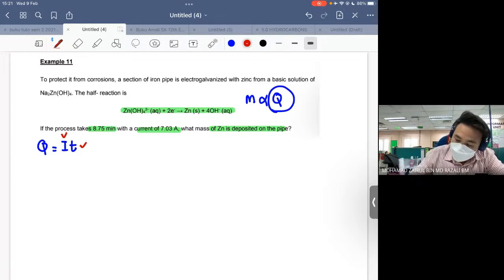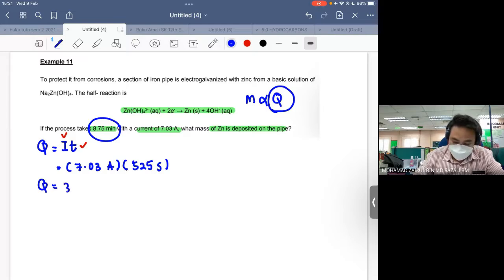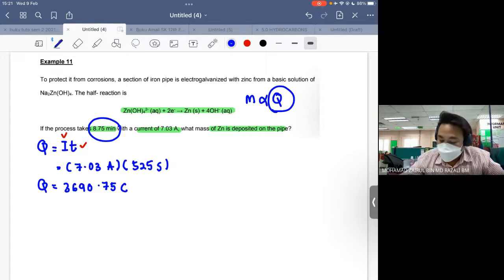So is equal to current is 7.03 ampere. The time itu, ingat, the time itu mesti dalam second. So awak kena multiply by 60. So 525 second. So charge awak dapat dah 3690.75 coulomb.